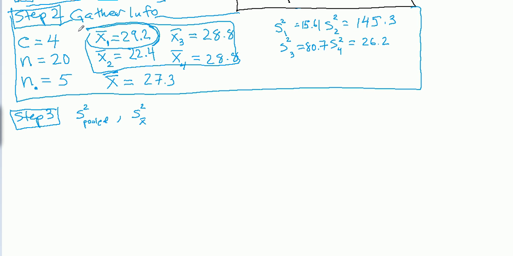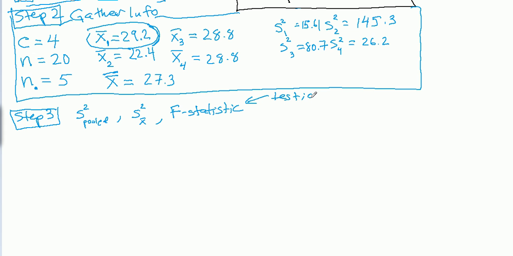And finally, once I have those, I can calculate my F statistic, or just F. This is my test statistic. That's what all this is culminating to, my test statistic, which is an F test statistic.